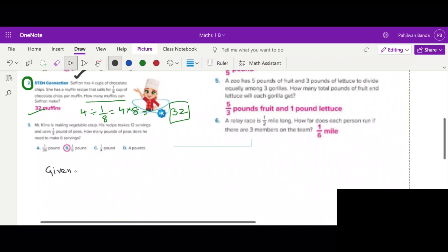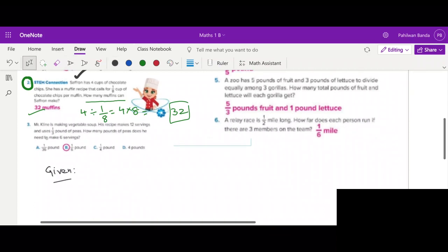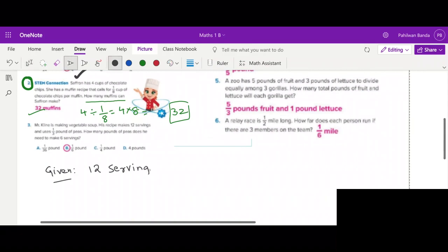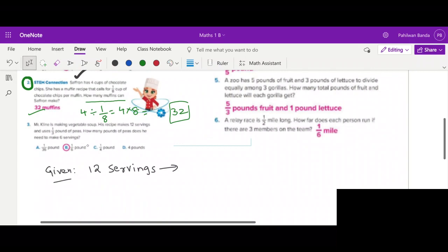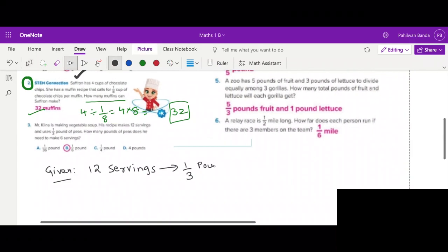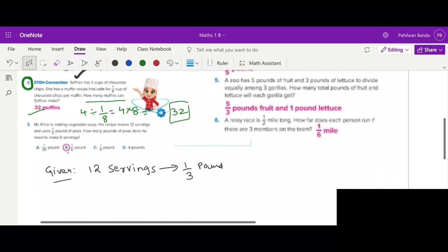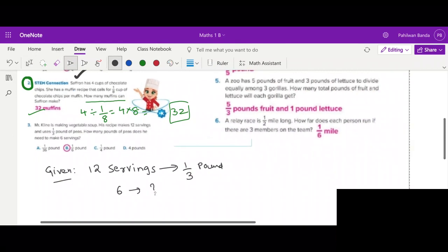Given is 12 servings and uses 1/3 pound of peas. It's just like the first question. Now, for 6 servings, how much?